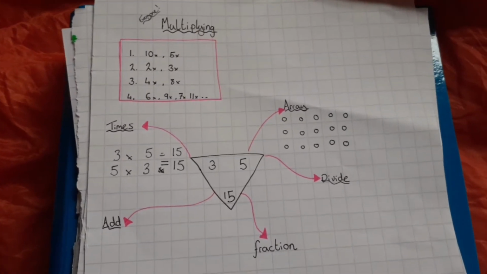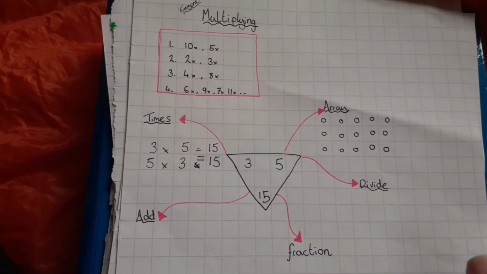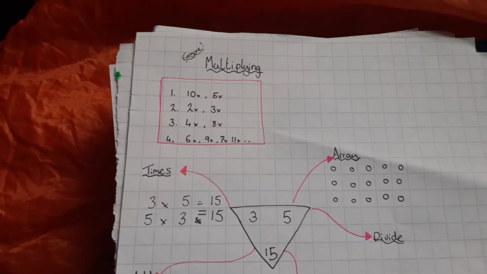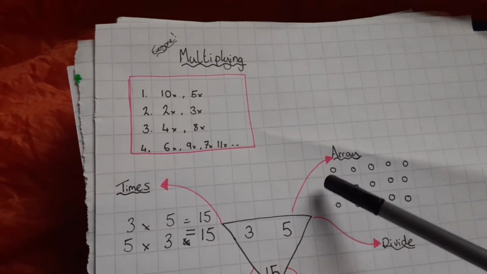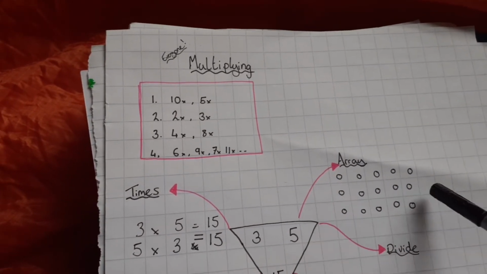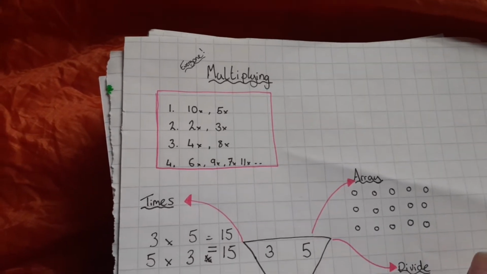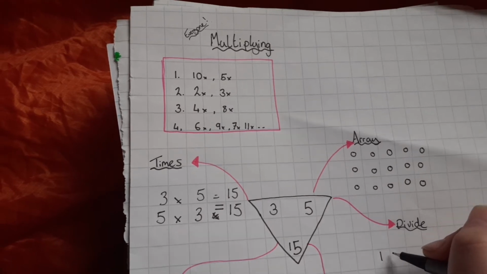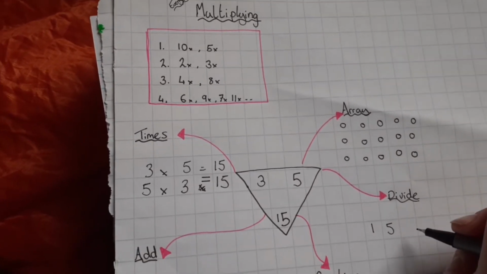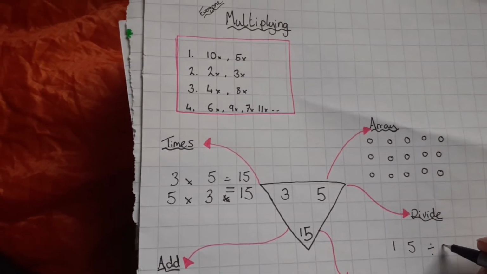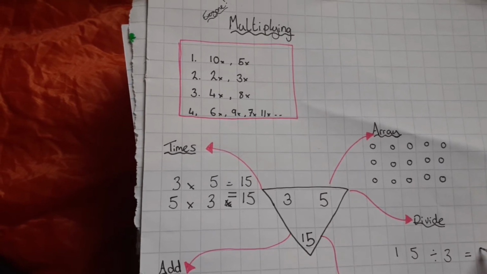Now, if you know those times sums, you also know some divide sums. I've got 15. I split it into 3 lines, and there were 5 on each.